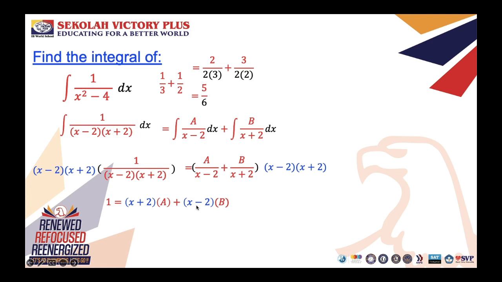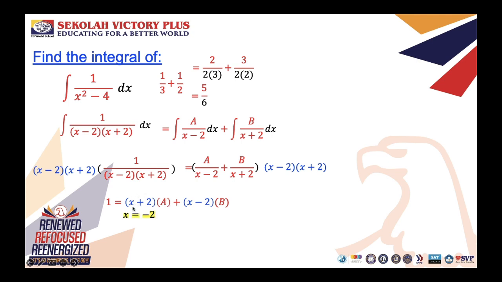And then from here onwards, we have to find a way to eliminate one to solve the other. For example, if we wish to solve for B, we have to eliminate this. Therefore, to solve for B, this must be equal to 0, so that this times A, if this was 0 times A, this will totally be gone.